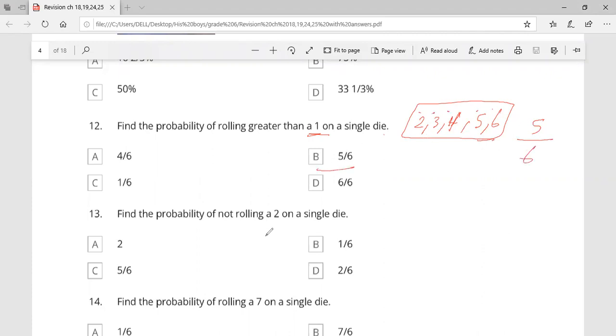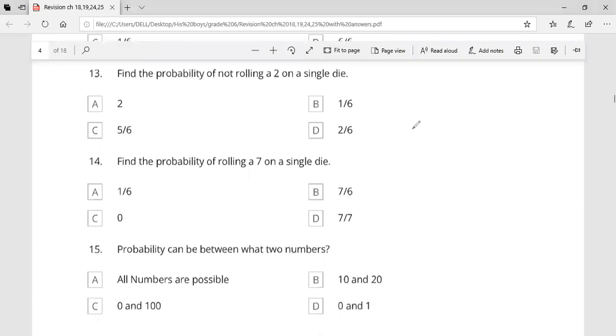Here is a probability. Find not rolling a 2. Cancel 2. We have 1, 3, because you cancel 2, 4, 5, 6. How many numbers? It is 5 out of 6. The next one. Number 14, rolling a 7.